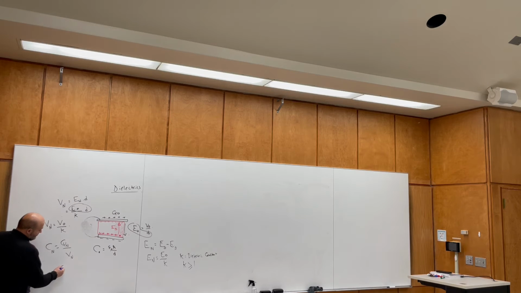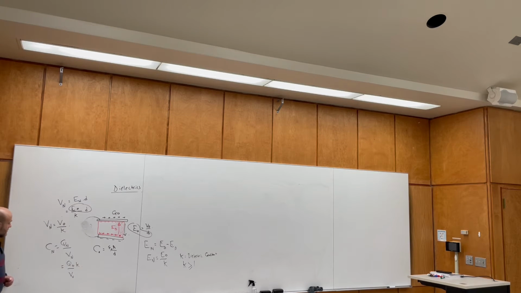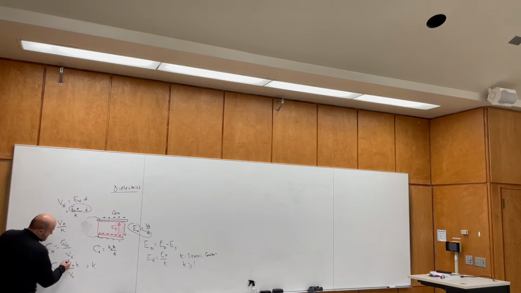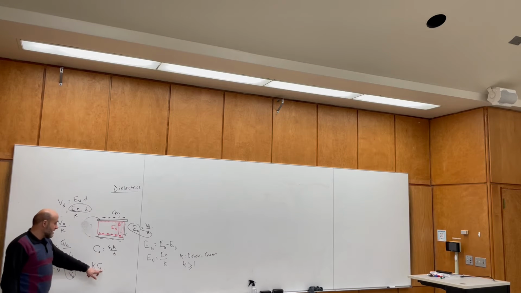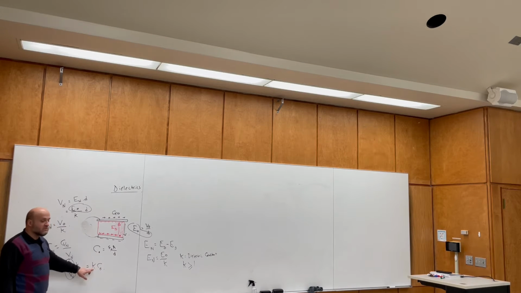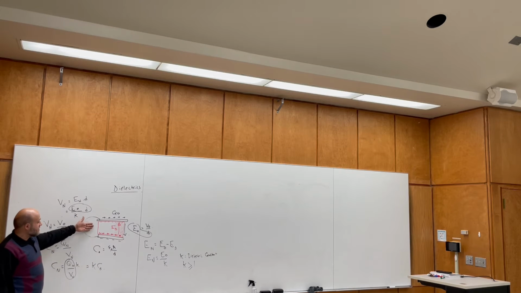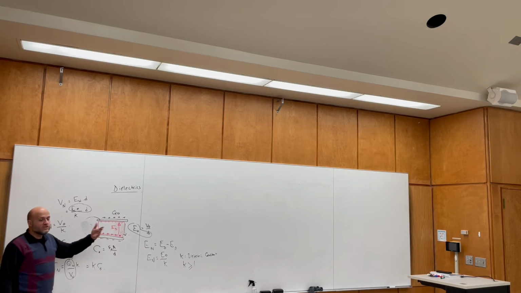So Q nu is the same as Q0, and V nu is V0 over K. So the new value of the capacitance is K times Q0 over V0, which is just C0. That means the new capacitance is the capacitance without dielectric times the constant K, which means C is going to increase, because remember K is larger than 1. So when you have a dielectric between the two plates, that's going to increase their capacity.